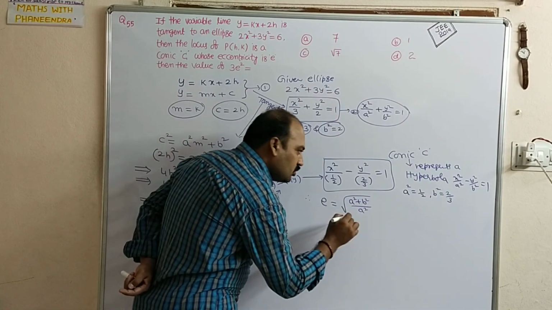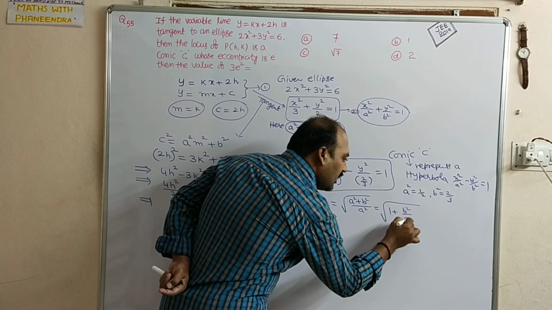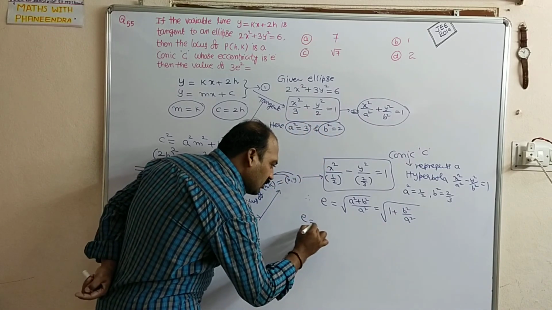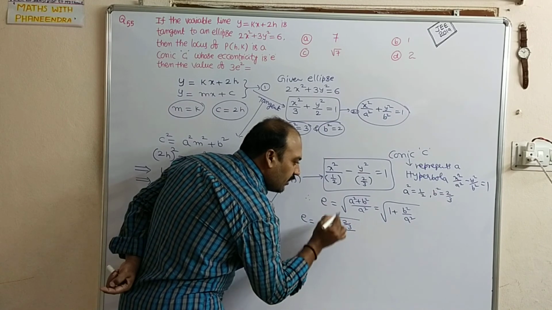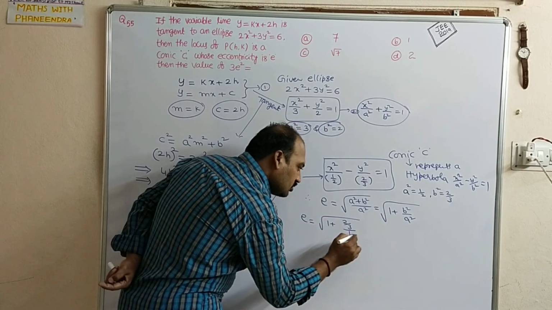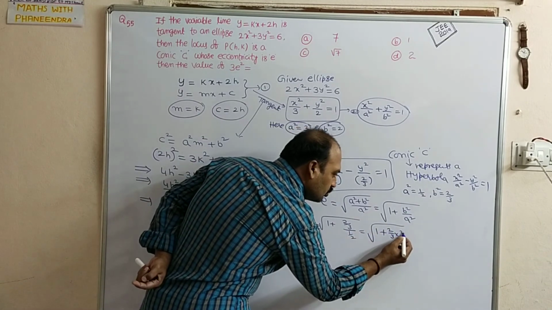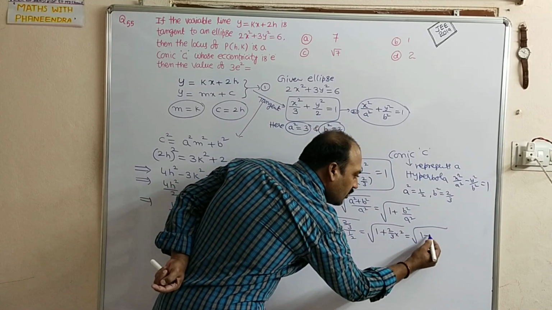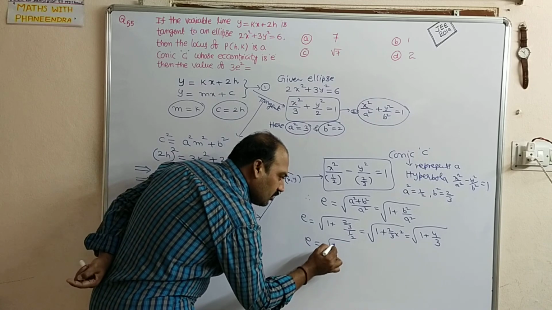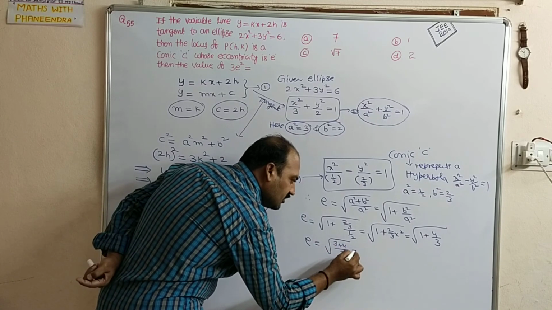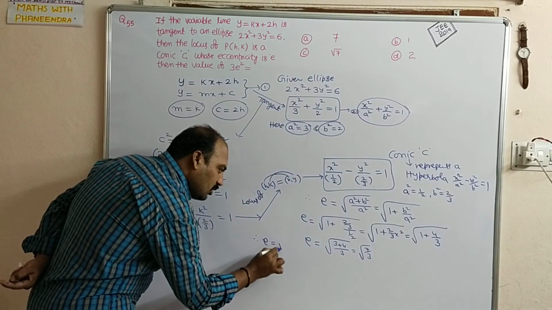Now substitute the respective values. Root of a square by a square is 1 plus b square by a square. Directly you can do it like this. So E is equal to root of 1 plus, what is b square by a square? (2 by 3) by (1 by 2), so square root of 1 plus 2 by 3 into 2, which is equal to square root of 1 plus 4 by 3. So E equal to square root of (3 plus 4) divided by 3, which is equal to root 7 by 3.